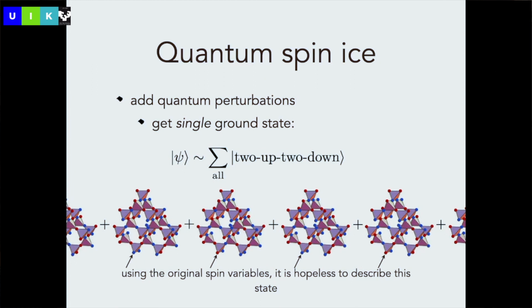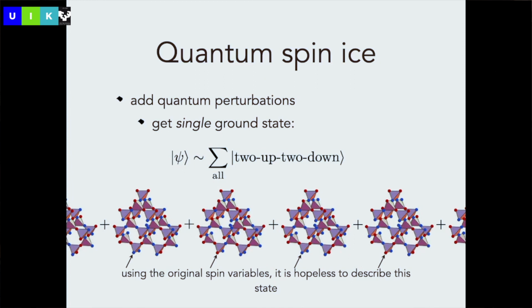It looks good here, but the colors are not great there. But this one is blue, and this one is red, and this one is blue, and this one is red. Okay, so if you were to just measure this guy using the original spin variables, so the local variables, it would be completely hopeless to describe the state because the expectation value we would get on each of them is 0 for each spin. So it's not a good description.